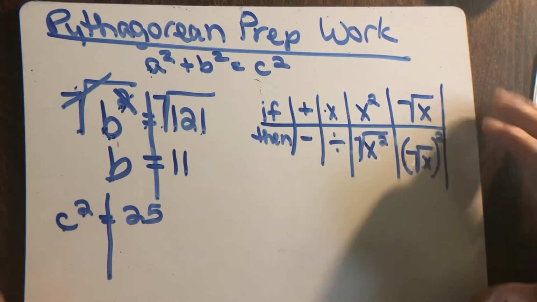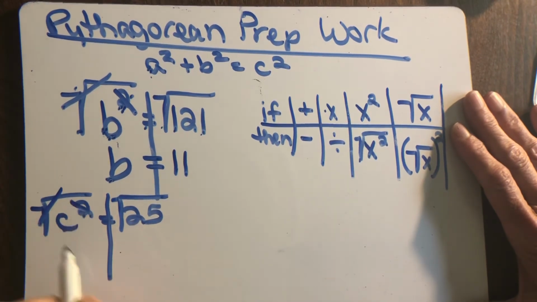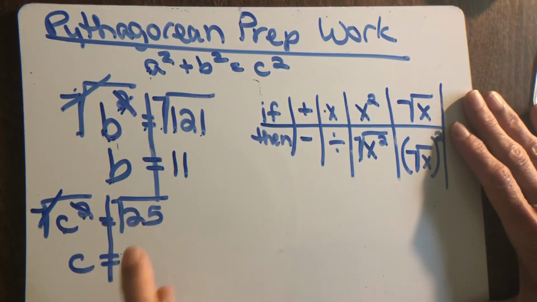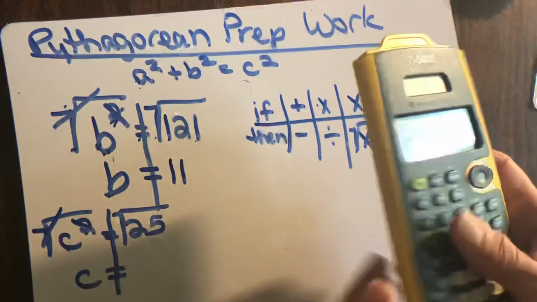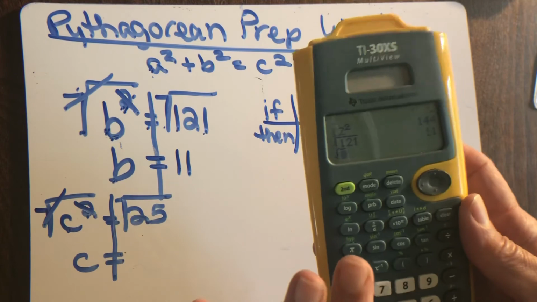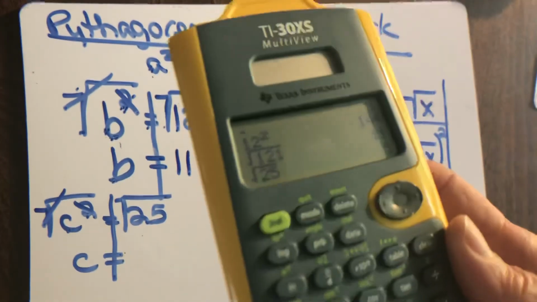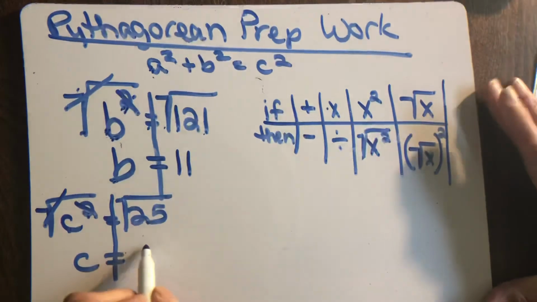I take the square root. So right here, just take your square root. What you do to one side, do to another. Cancel, bring down. Do your math. Square root of 25, let me refresh your memory on the calculator. Second, x squared, 25. Because I'm finished, I can just hit enter. Otherwise, you need to move it over. And your answer is 5.